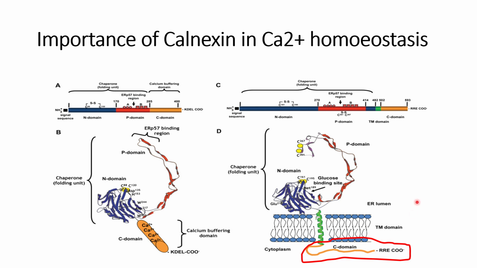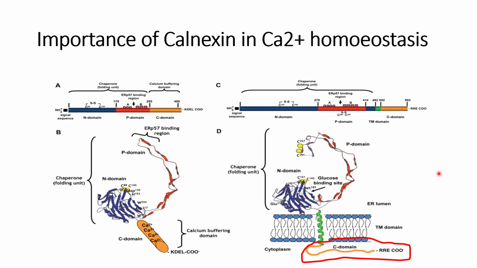So from there we can imagine that it can function in different parts of the cell as a signaling or, say, coupling molecule that helps in coupling the Ca2+ signal with the Ca2+ containing chaperone in the endoplasmic reticulum.